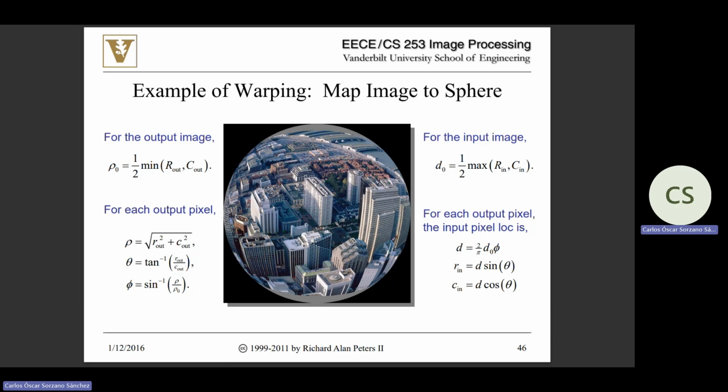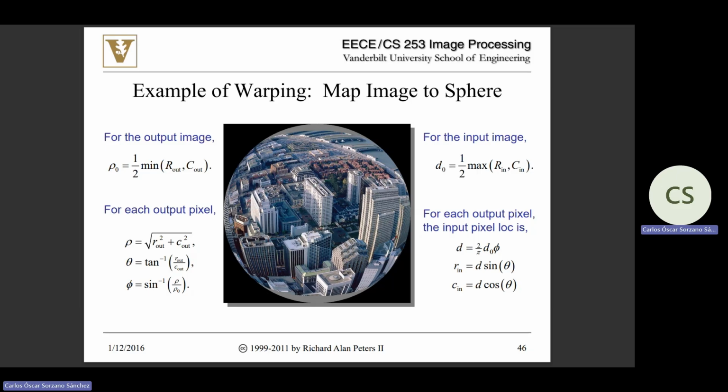Let's say that we have a reflective sphere, a mirroring sphere, and we want to simulate how a particular image would be seen in that sphere. Is this, for example, the Mercator one? Yeah, for instance, you can also do that. All those are just geometrical transformations of coordinates. Okay.